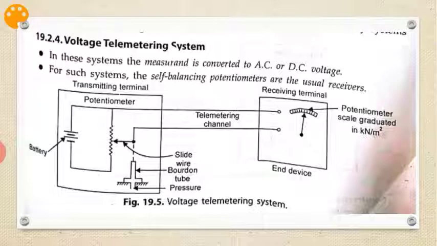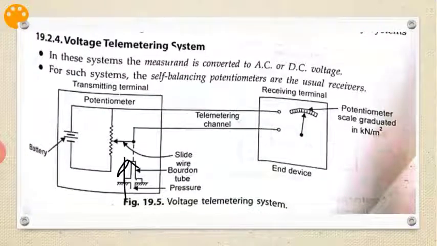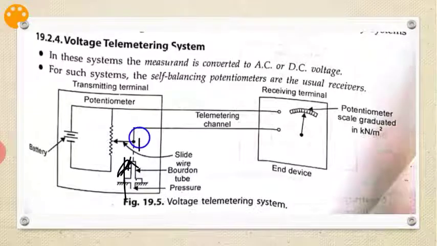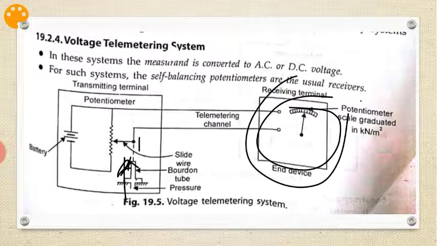When the pressure is sensed by the Bourdon tube, the slider moves, and hence the voltage changes. That voltage will be detected by the null balanced DC meter.